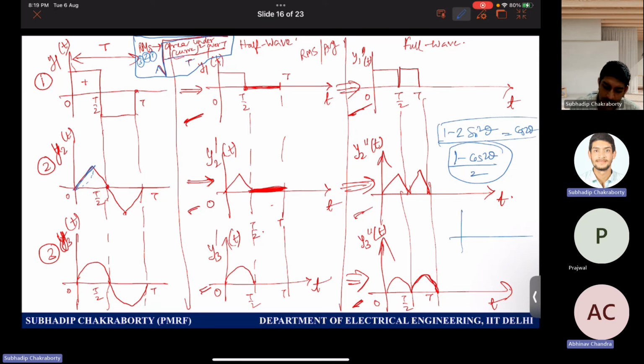It will be nothing but cos 2 theta, and then minus of that, and then shifted by 1. So what is cos 2 theta? How will it look? It will look like this. And minus of cos 2 theta will look like a reflection. And then you need to provide a positive shift. It will look like this. But the frequency, remember, will be twice.